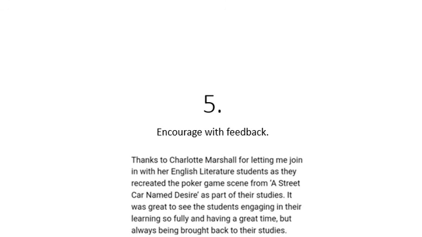The last piece builds on number 4. Try to encourage with feedback. As a language teacher and as a linguist, you have a number of opportunities to look at the gender divide in language. And it's often said that women do much more non-verbal and verbal affirmations than men do. But it is always useful to show that you have understood a concept.